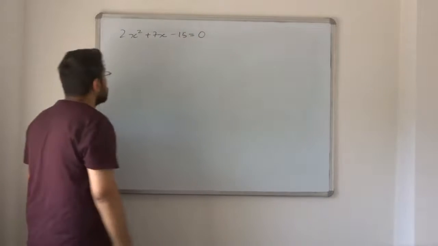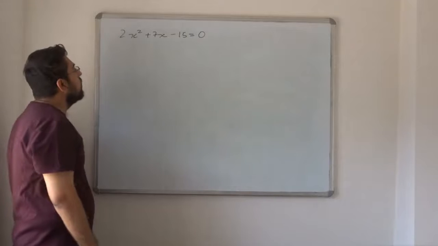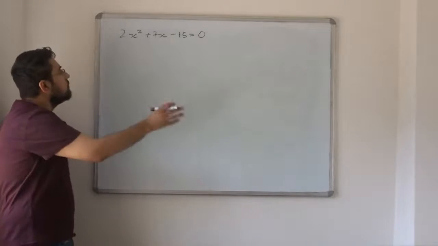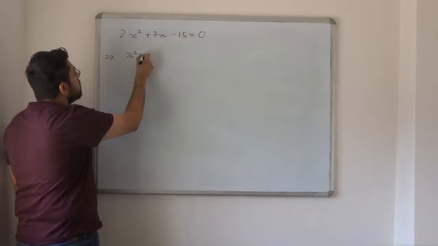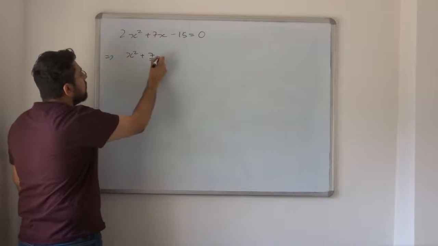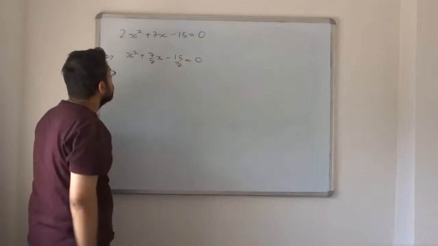Okay, so let's do this one now. Again, the first step, divide everything by 2. x squared plus 7 by 2x minus 15 by 2 equals 0.